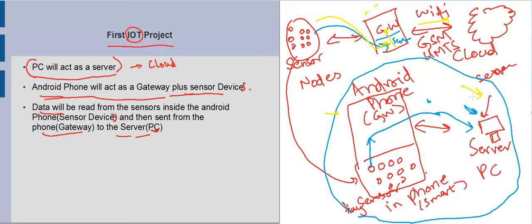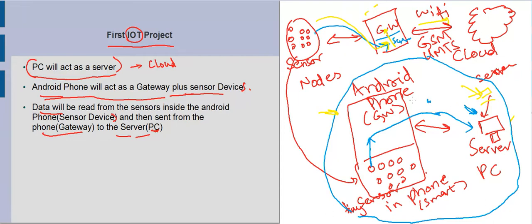So you can make a server on your computer, and you can develop a client app on your Android phone, which is going to read the sensor values from more than one sensor or only one sensor, any temperature, pressure, accelerometer, gravity, orientation, proximity, whatever. This app is going to read those values and also send those values to the server.